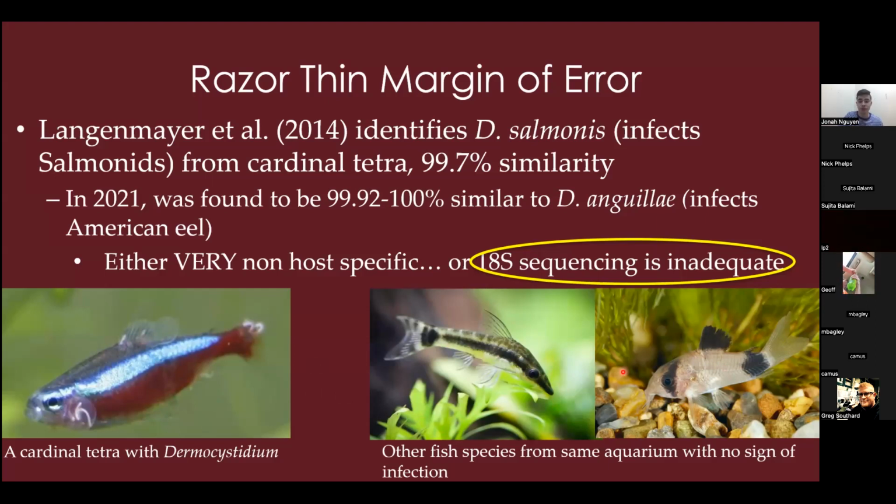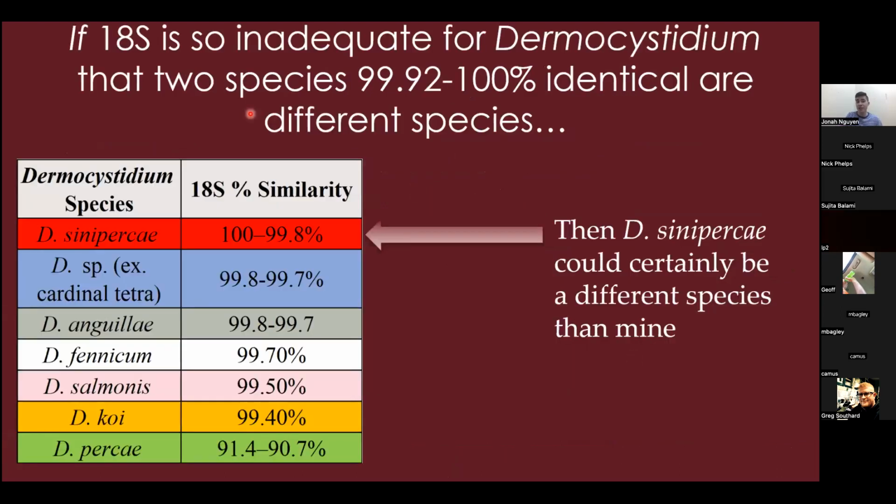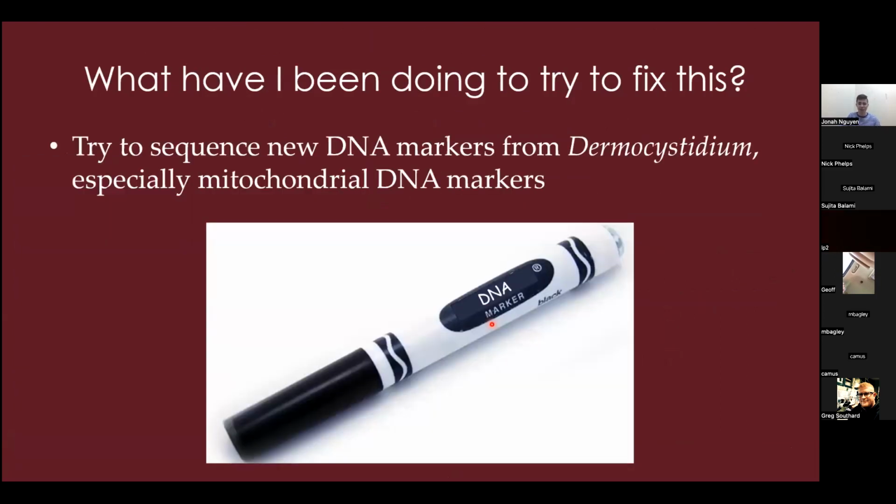So that leads me more to this conclusion. So if 18S is so inadequate for Dermocystidium that two species are basically 100% identical at 18S, then of course D. cynopersi could certainly be a different species than mine. It could be. So what am I going to do? What have I been doing to try to fix this?